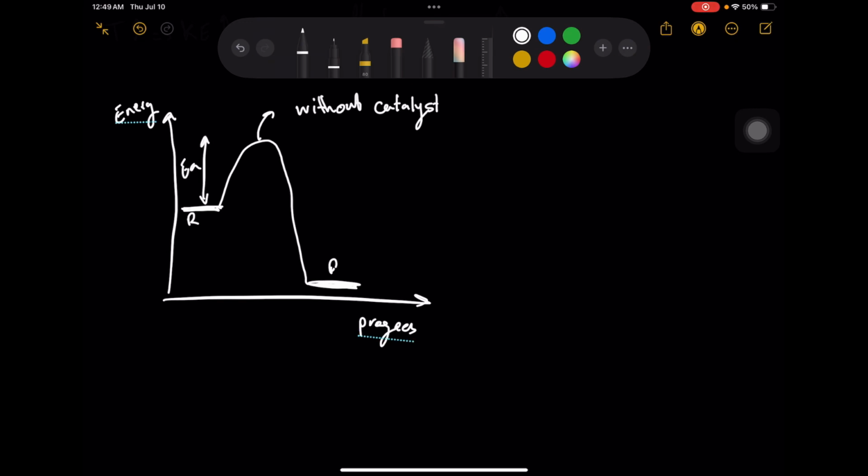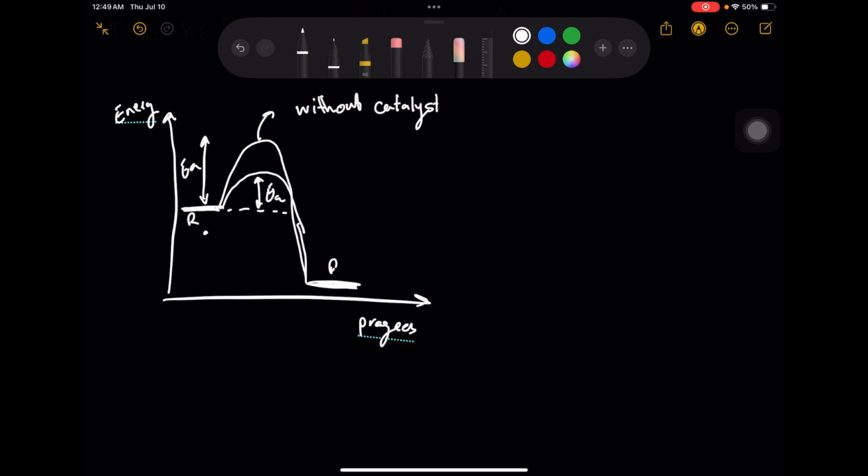But if we add a catalyst, the new activation energy for the reaction will be like this. Notice that the activation energy has changed. And it's important to know that a catalyst does not affect the energies of the reactants and products. So these are constant.